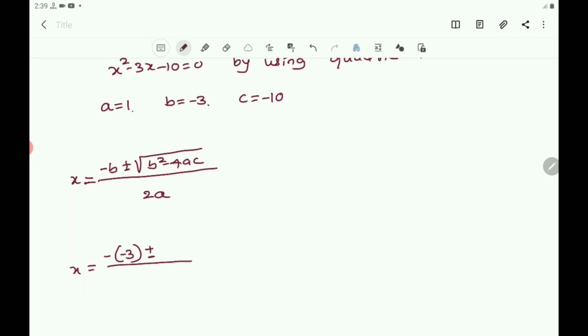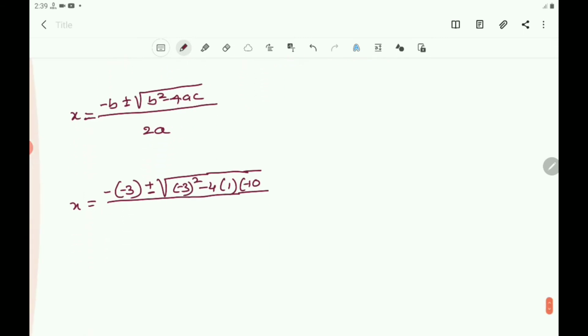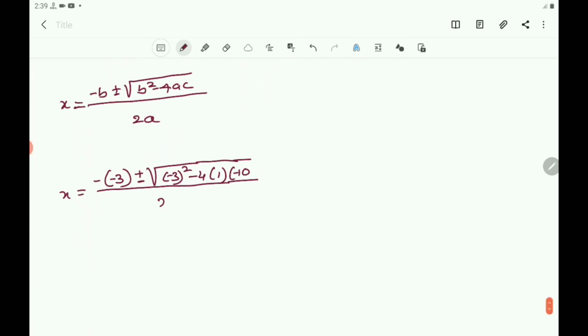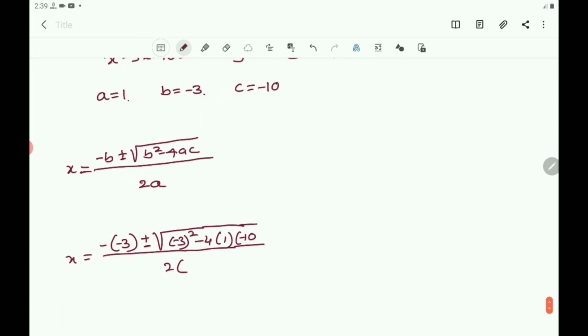Then plus or minus the root of b², that is (−3)², minus 4 into a, which is 1, and c is −10. Substitute the values of a, b and c, by 2a, 2 into a is 1.